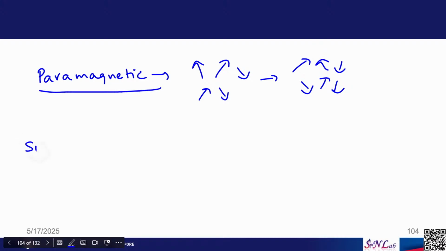So, superparamagnetic refers to a situation where, let us say, you have a ferromagnetic cylinder.